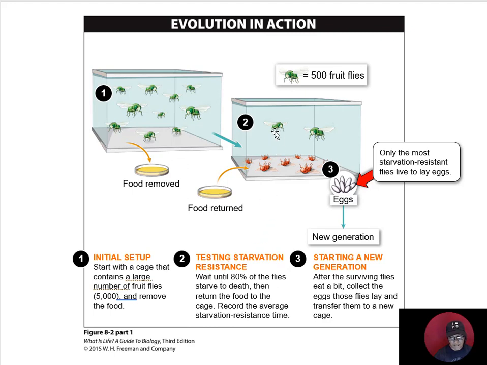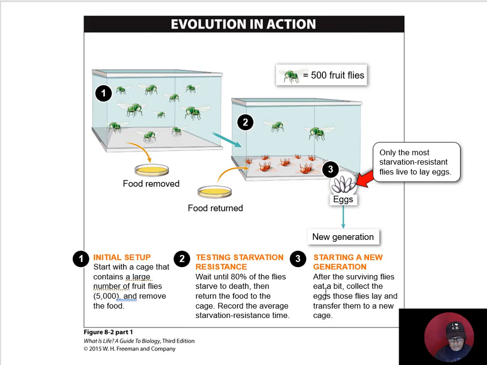Now, these flies that survived each round of starvation, they were allowed to go on and reproduce and lay eggs. So only the most starvation resistant flies were allowed to live to lay eggs. And so they were basically starting this next generation after surviving starvation.